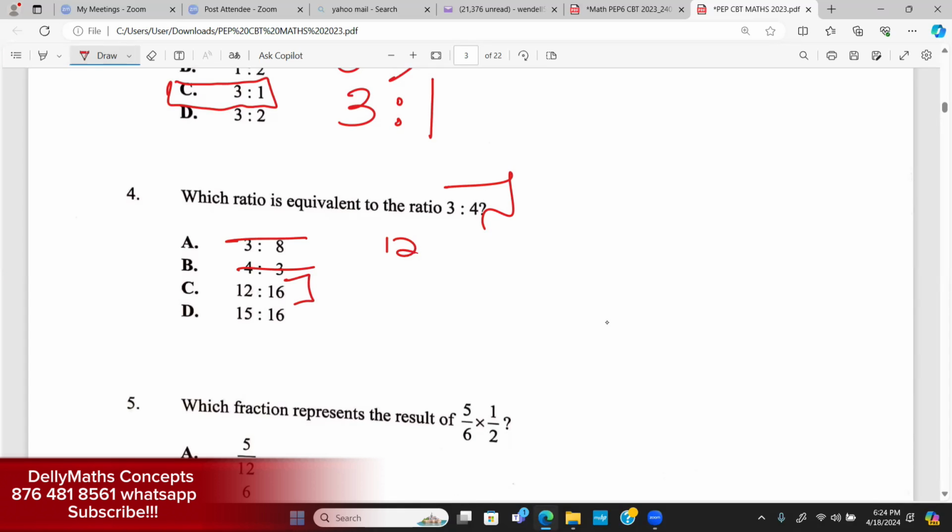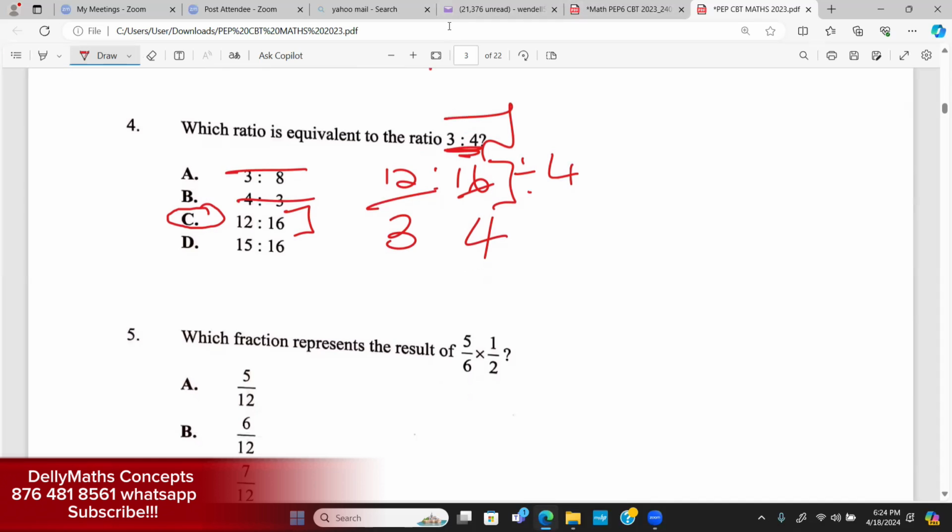So if I divide 12 and 16 by 4, 4 into the 12 goes 3, 4 into 16 goes 4. So we're getting our 3 to 4. So the answer is 12 to 16. So basically, you just want to divide them out. And as soon as you see your answer, you pick it because there's only one right answer here.